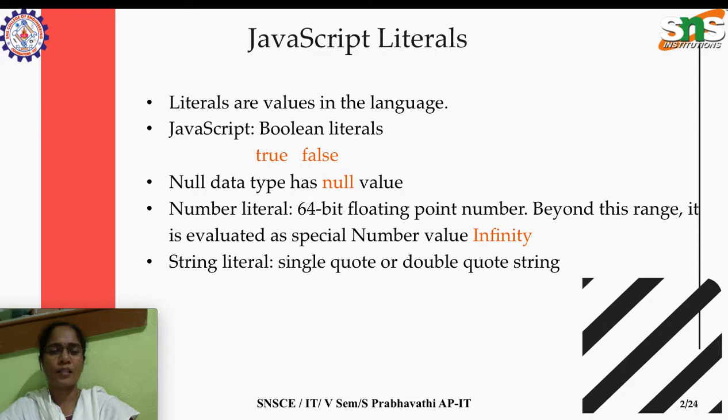Number literals, like var number equals 1, var number equals 2.3. The 1 and 2.3 are the values for those variables, which we call literals. In JavaScript, a number literal is a 64-bit floating point number, and if we store a value beyond that range, it will be evaluated as the value infinity.